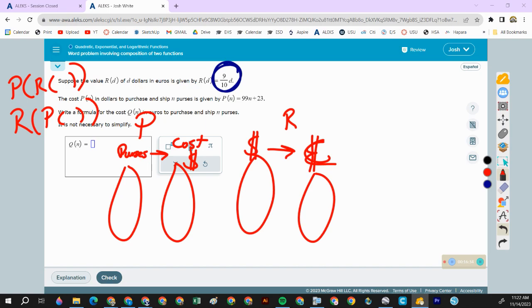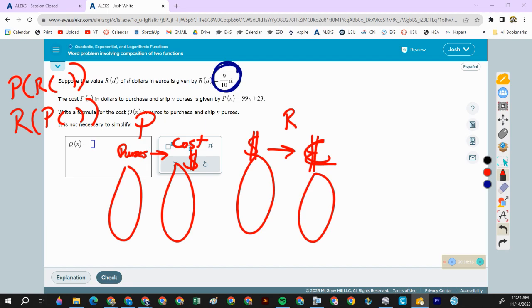Are you confused? The answer needs to be in euros, yes. But our shipping cost is in dollars.